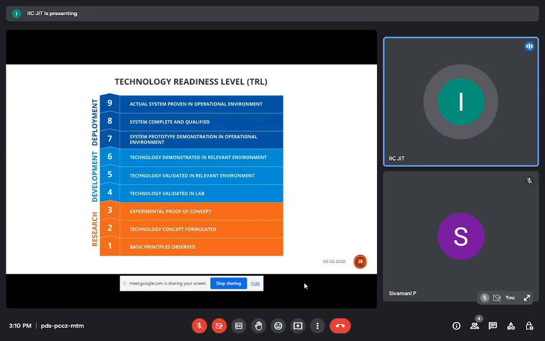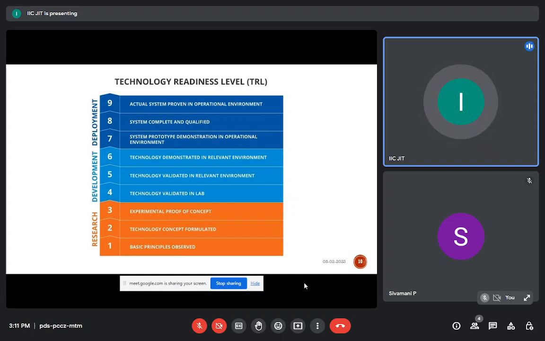I know when I studied, I forgot driving, but I'm just telling you, the driving that you do in that car is optimized for you, but your own car is not optimized, right? So prototype means somehow you make it work. That is the objective of a prototype. 4 means you have a basic prototype, and that basic prototype is somewhat working in lab conditions. That is TRL level 4.